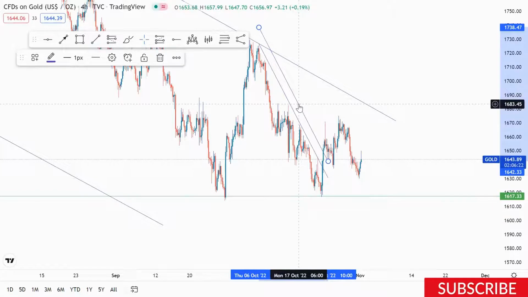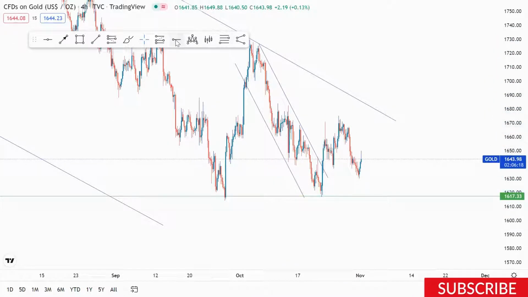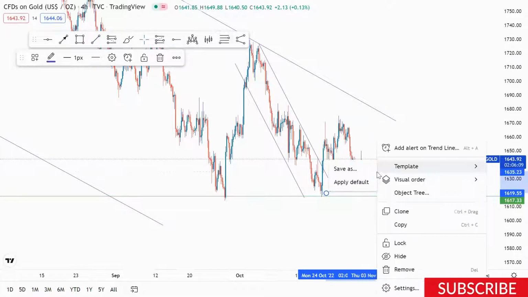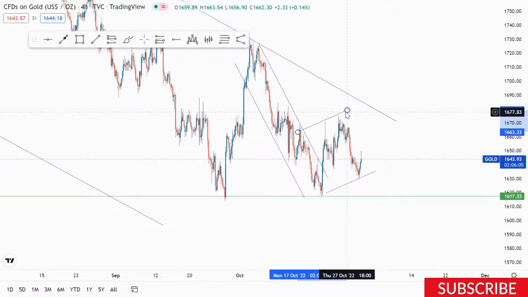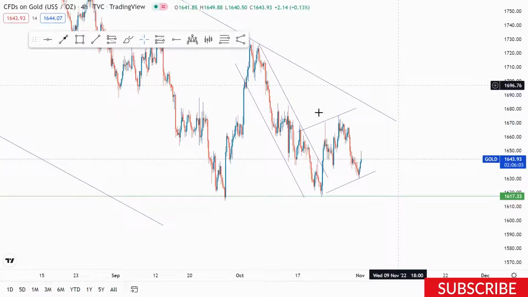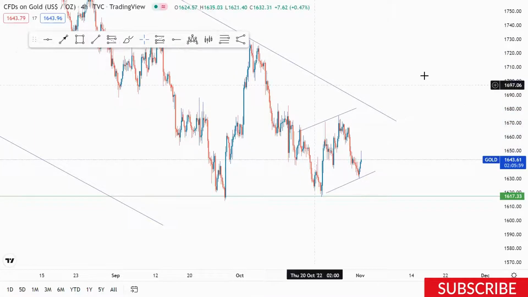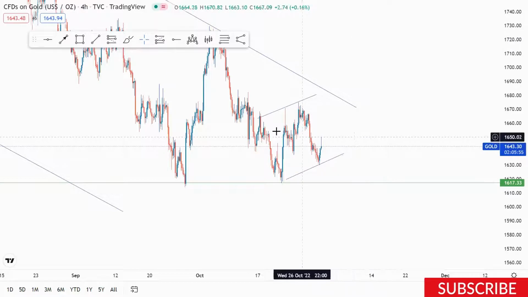And then we also have this low, and this supporting trend line over here, and also that one over there. Okay, right, so for now we can erase this one because it has already played out. So we are in here as of now, right?